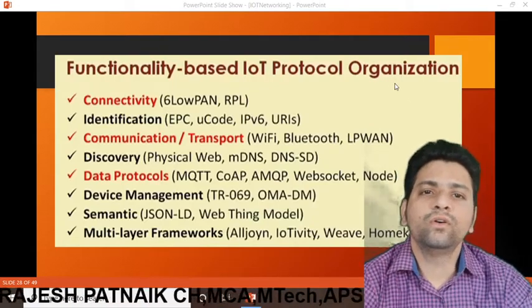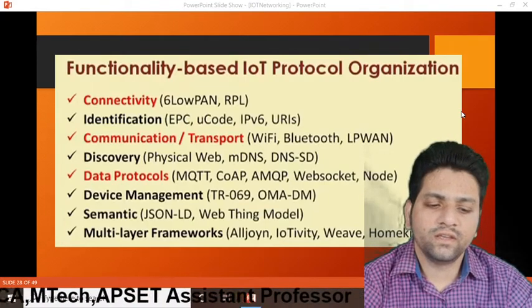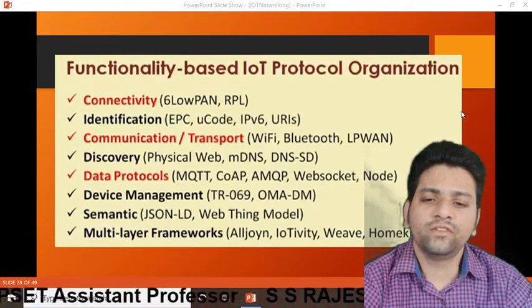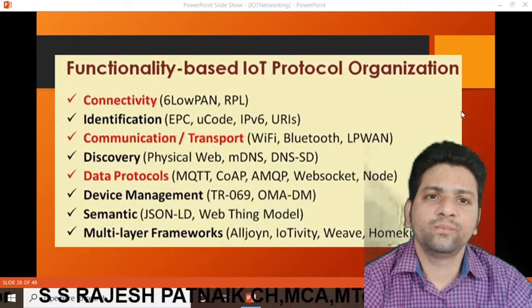Okay, so first we have 6LoWPAN, that is a connectivity protocol.